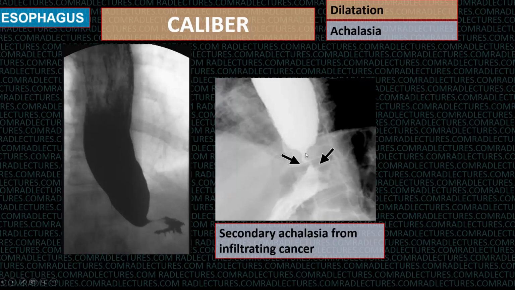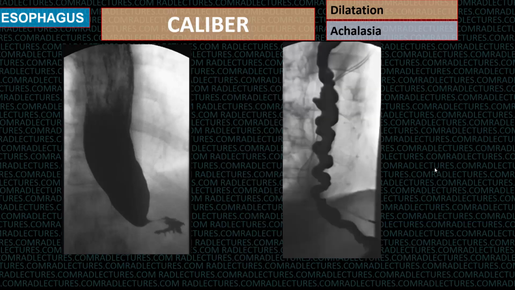Third, when you look at it carefully, you may be able to see nodularity of the bird beak appearance of the narrowed lower esophageal sphincter. So those are some of the things that you need to be able to differentiate between primary achalasia and secondary achalasia due to cancer.